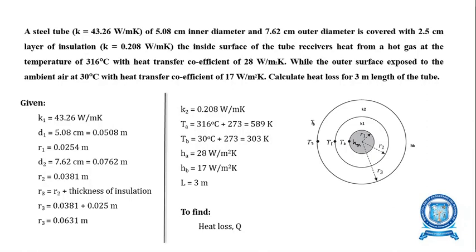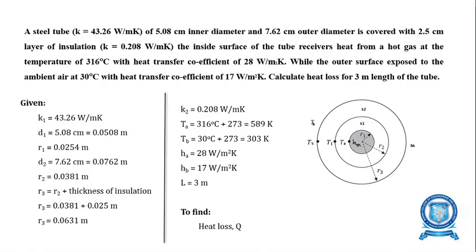While on the other side, the outer surface of the insulation is exposed to the atmospheric air. The air temperature is given as TB is equal to 30 degrees centigrade. We can convert it into Kelvin. And the heat transfer coefficient H is also given: for the outer surface, ambient air temperature is 30 degrees and the heat transfer coefficient at the ambient is 17 watts per meter square Kelvin.